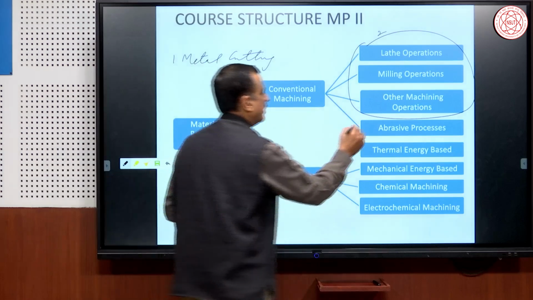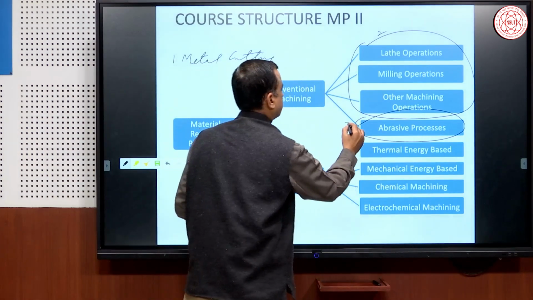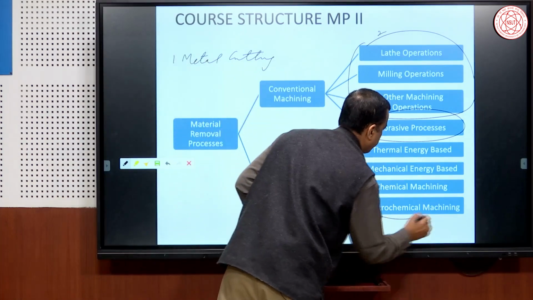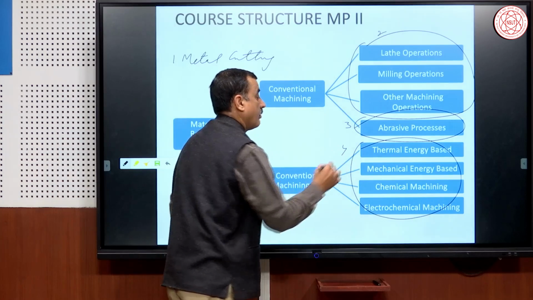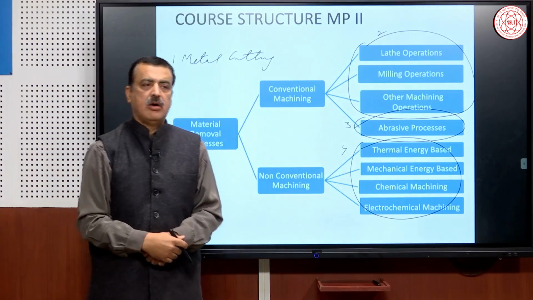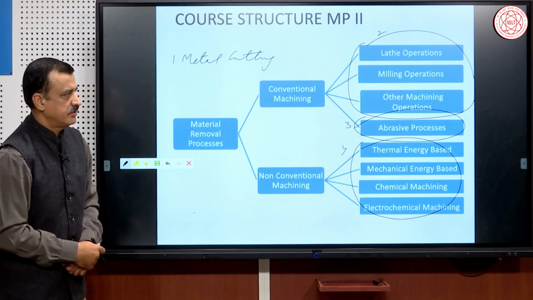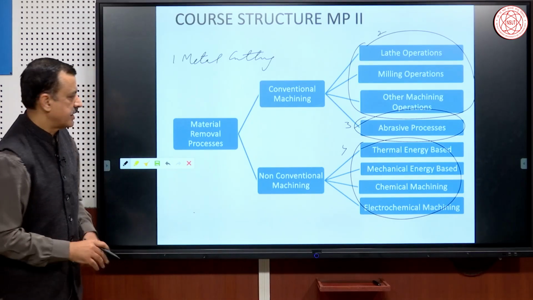Third unit consists of these units. Fourth unit consists of these processes. And one unit is on gear cutting and jigs and fixtures. So let's have a look at the unit-wise details of the course content.